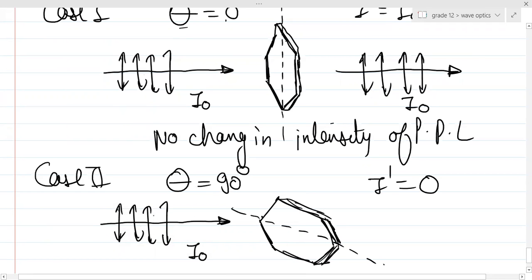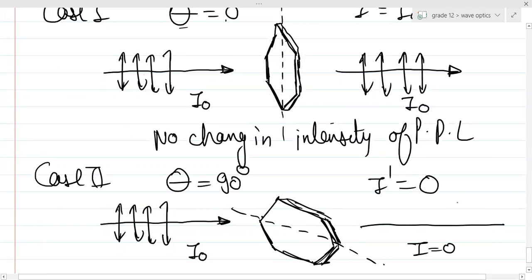Now the plane of vibrations was along the x-axis and this is along the z-axis, right? The crystallographic axis is along the z-axis. So can you see, when the light ray comes, it won't have any intensity. You won't be able to see anything, completely black. Are you getting my point?